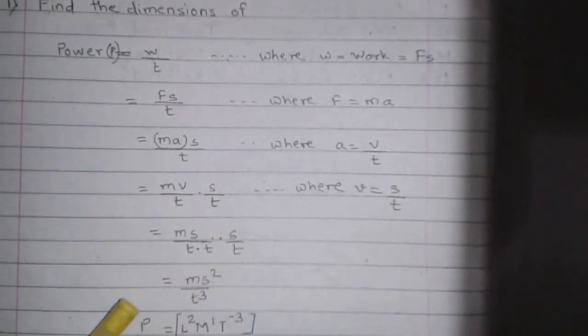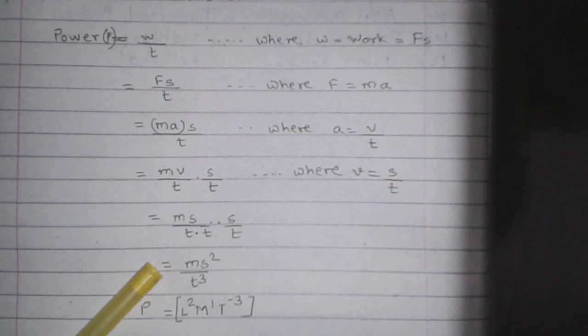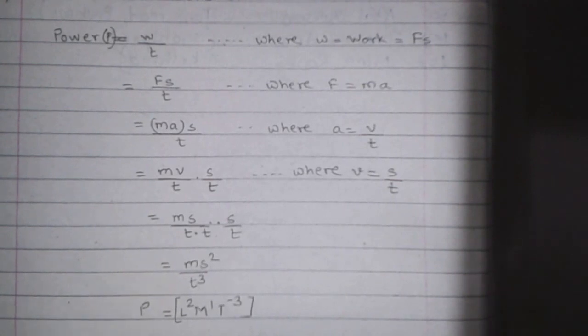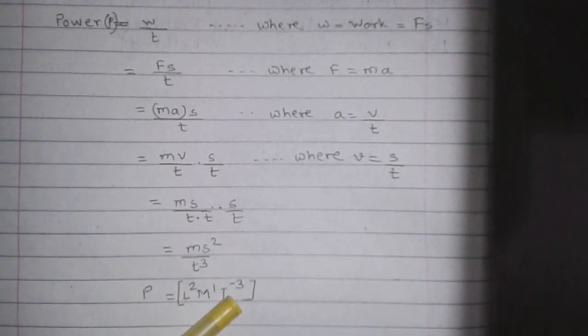So the equation becomes m into s square divided by t cube, where m is mass, s is displacement, so it can be expressed in terms of L, and t as time. So the dimensional equation for power is L square m1 t raised to minus 3.